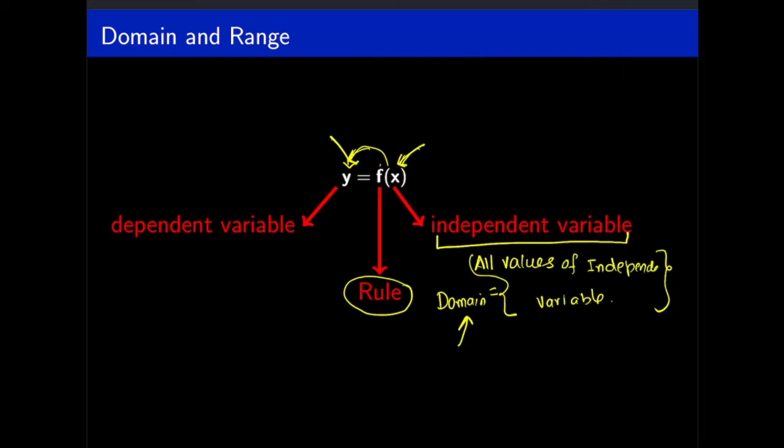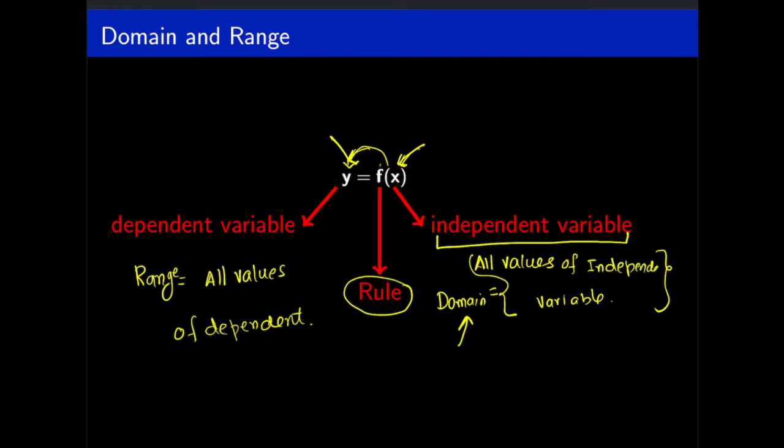And now what is the range? Range is all the values of the dependent variable. So domain is the values of the independent variable and range is the values of the dependent variable.